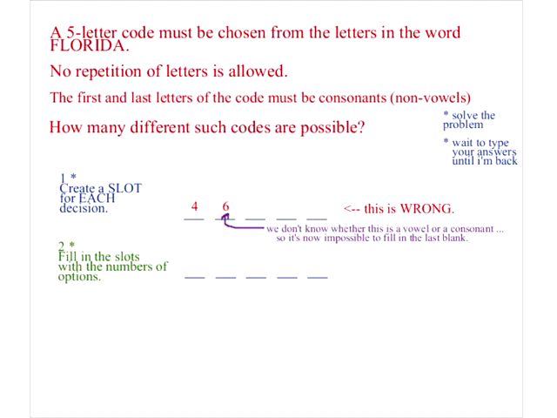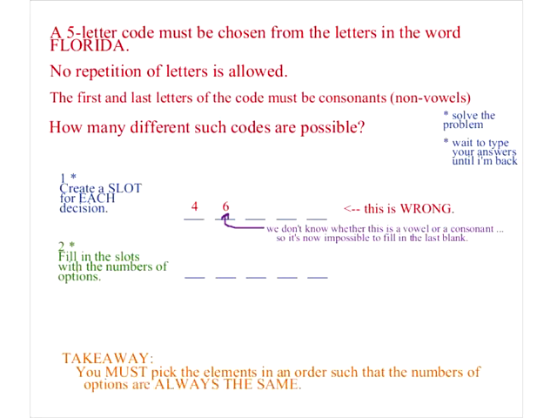Let me go ahead and type it at the bottom of the screen. Takeaway: you absolutely must pick the elements in an order such that the numbers of options are always the same.